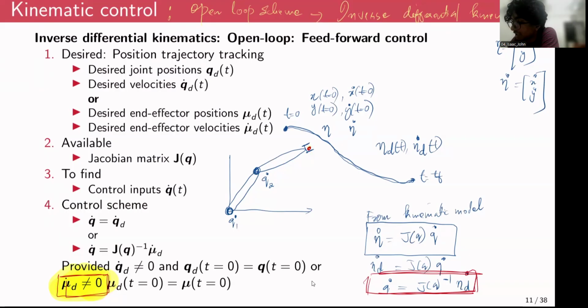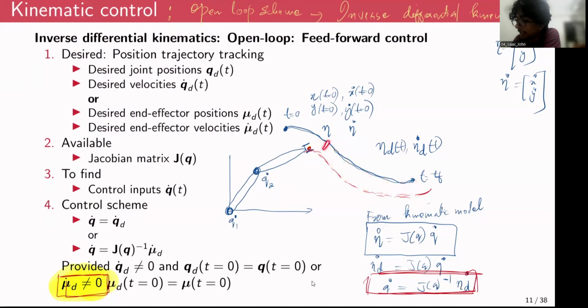And if the initial position of the desired trajectory is not coinciding with the initial position of the actual robotic arm, if you try to implement this control scheme, what will happen is it will try to trace a path that is parallel to the desired path, something like this. It will try to trace an S curve, but there is always going to be an offset between the desired path and the actual path.